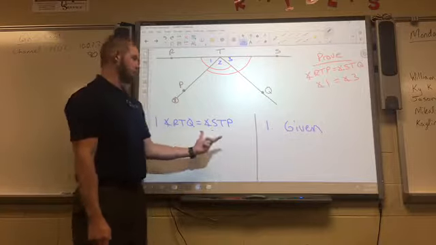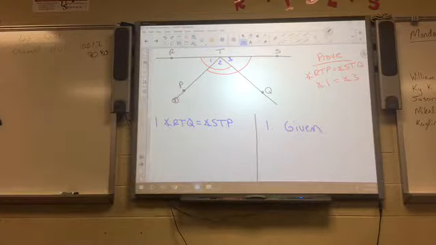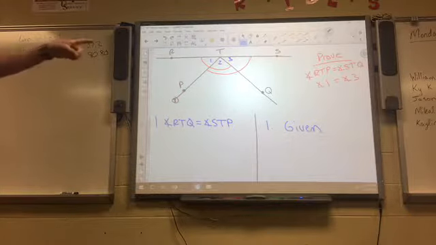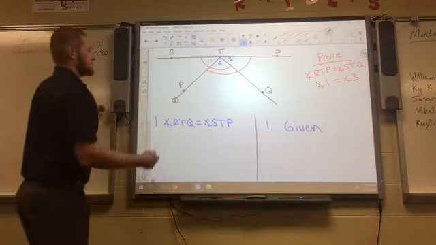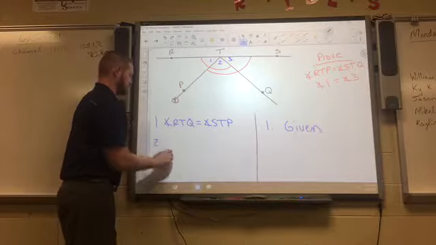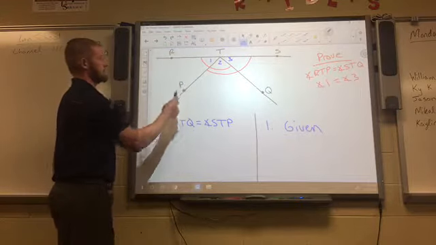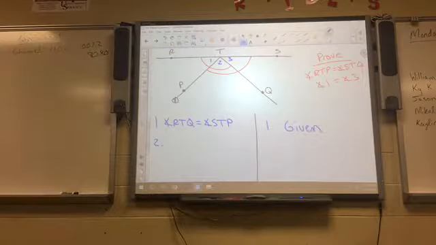No. So we have some information here that we either have to get rid of or change into something else somehow, because we got to change it into RTP and STQ. So the next thing I would do is go to this angle RTQ, find it in your diagram, and see if there's another thing you can tell me about it. Maybe what it equals sometimes, what it's formed by, what it consists of.